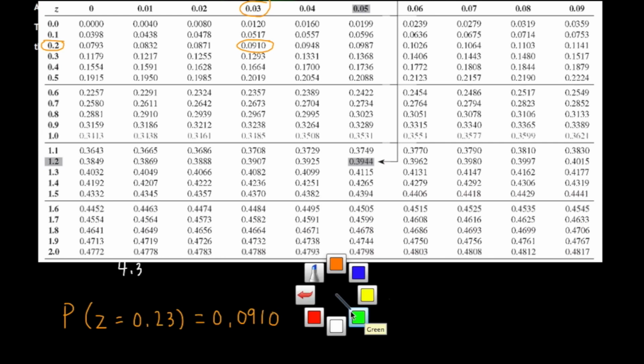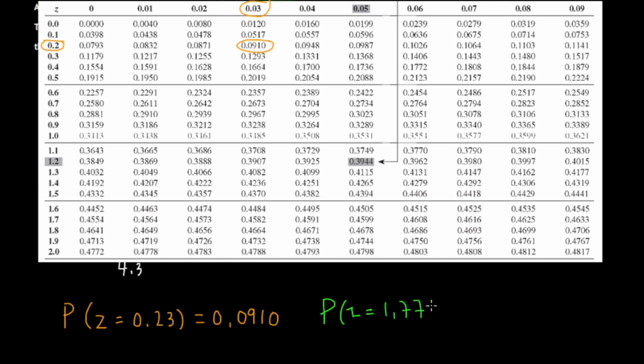Okay, so that's our first one. Our second one is the probability of z equal to 1.77. Okay, so that is the intersection between 1.7 and our second decimal over here at 0.07, and that is right here at 0.4616. Okay, so now that we have our probabilities, let's plot them as visual cues inside our bell-shaped distribution and go from there.